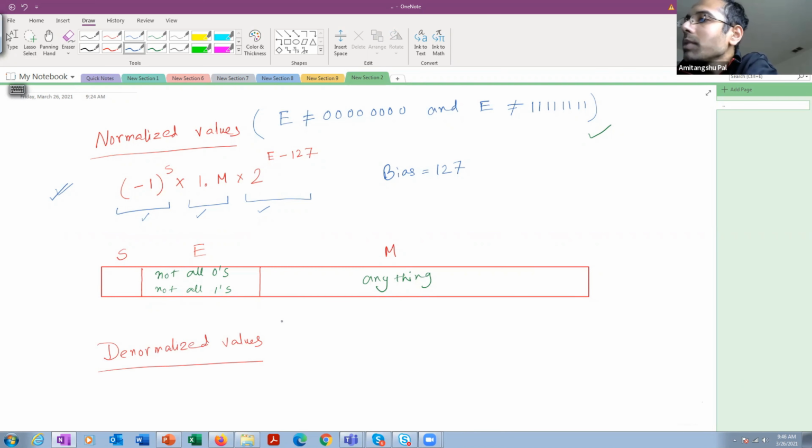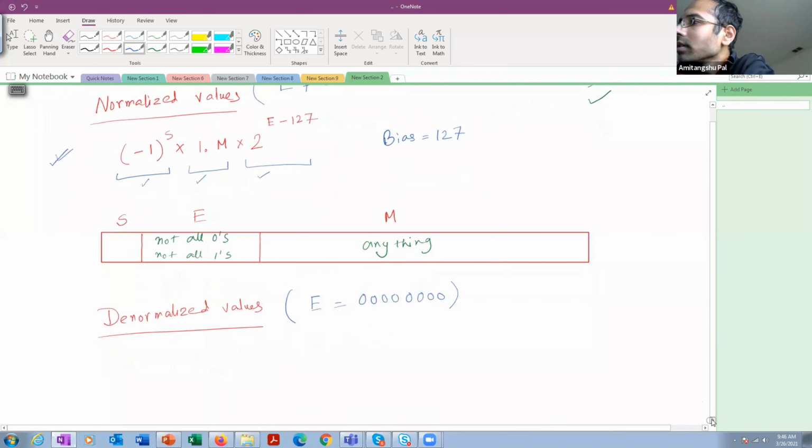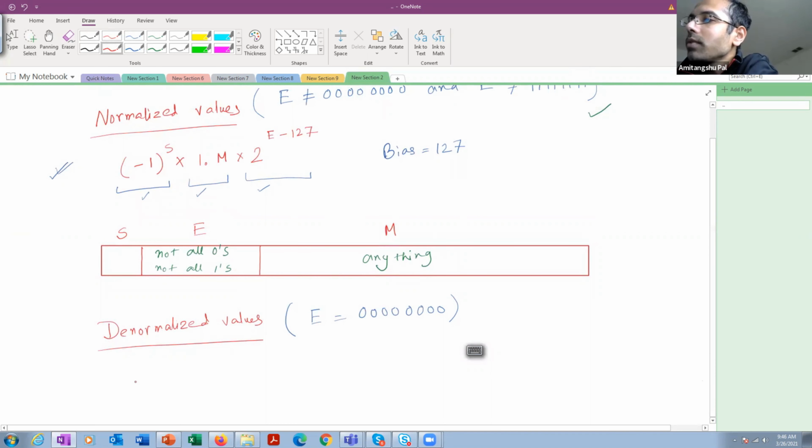So in case of denormalized values, E is all zeros. In case of a denormalized value, the corresponding formula is minus 1 to the power s into 0.m.